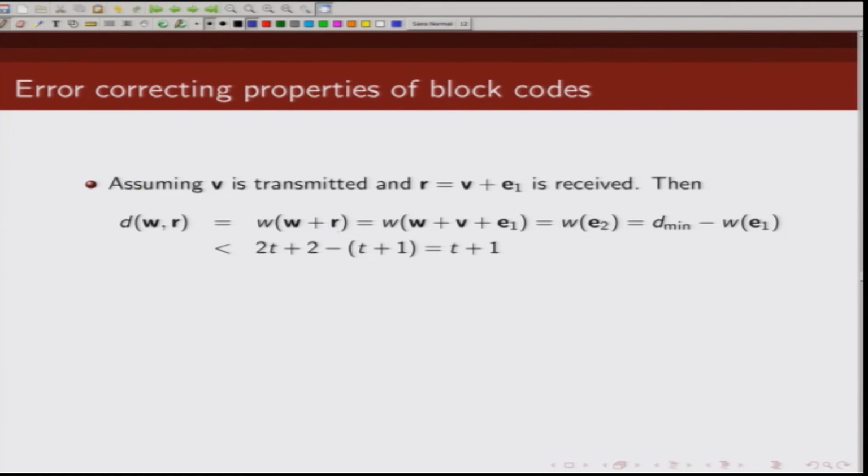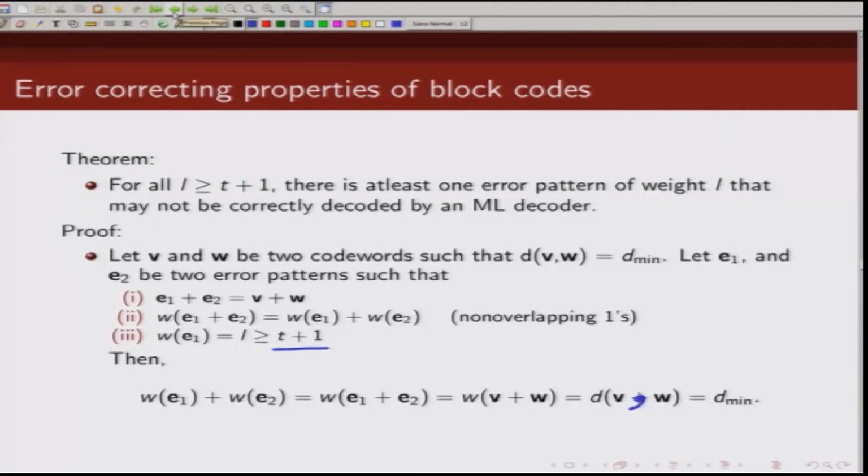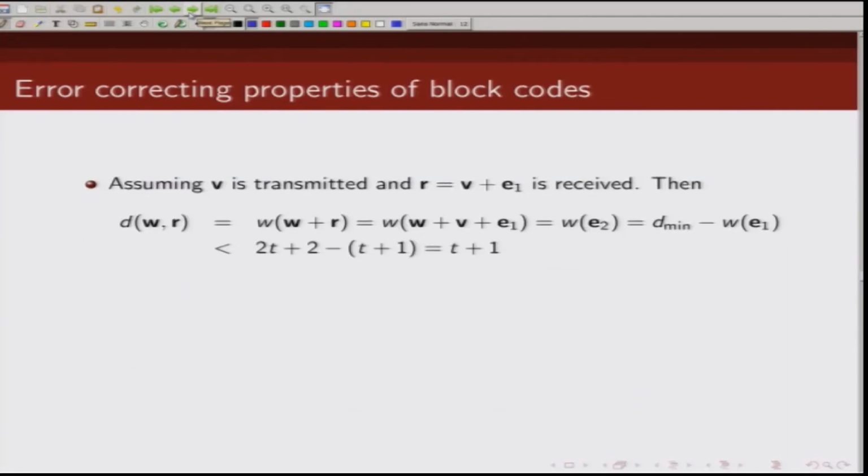And what is r? r is my received code word v plus E1. So, I can write this as w plus v plus E1. Now, what is w plus v? From 1, I have w plus v is the same as E1 plus E2. So, then this is E1 plus E2 plus E1. So, E1 plus E1 will be 0. So, this will be the weight of E2.